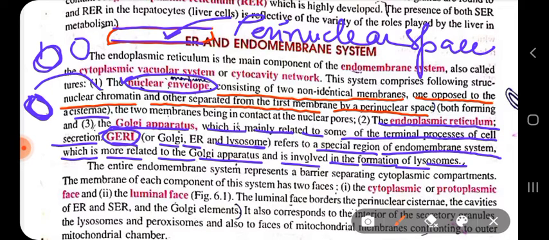That forms the GERL system. And on the other hand, in the endomembrane system, the transport of the modified proteins occurs from the endoplasmic reticulum to the Golgi apparatus, and the nuclear envelope is also involved here. That forms the endomembrane system.